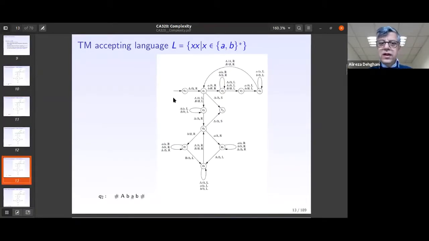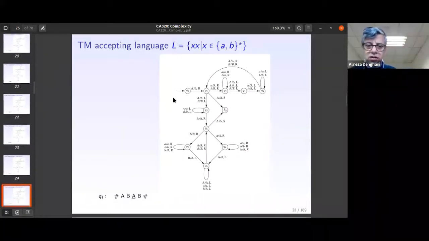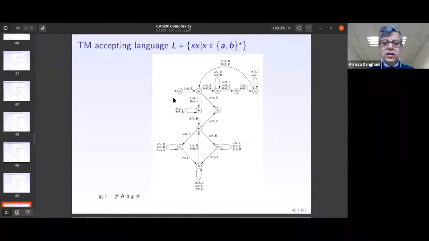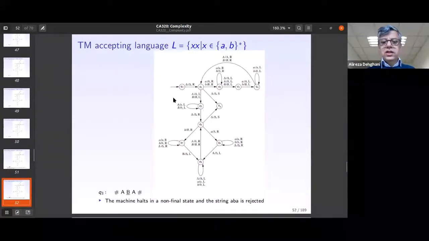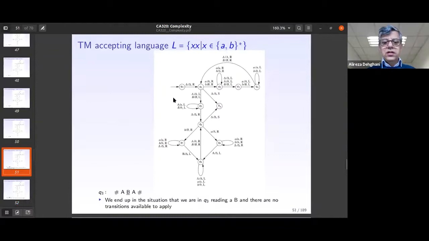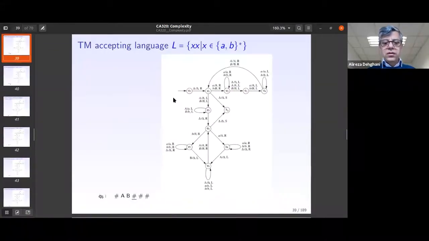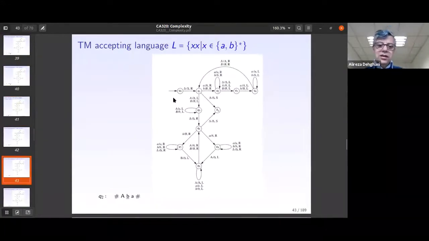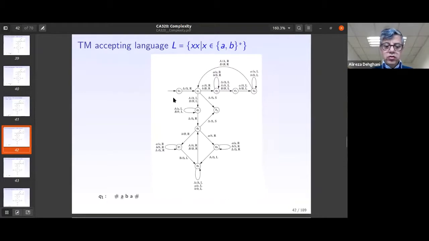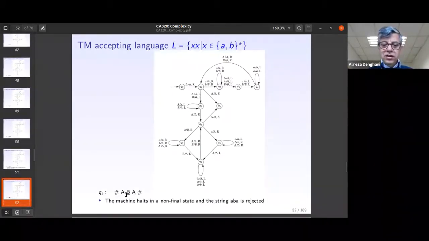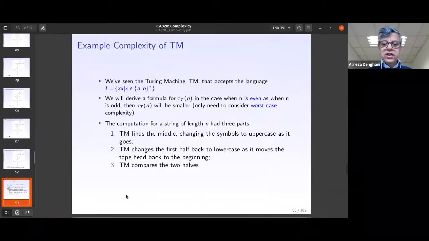We went through all the transitions, all the moves, and finally we got to the point where the machine accepts this string. We also checked another example, ABA. We wanted to make sure this machine rejects it, and we examined that and saw exactly, yes, the machine rejects this case.